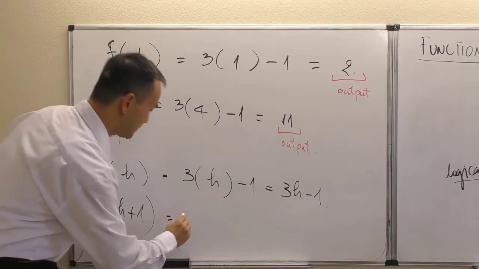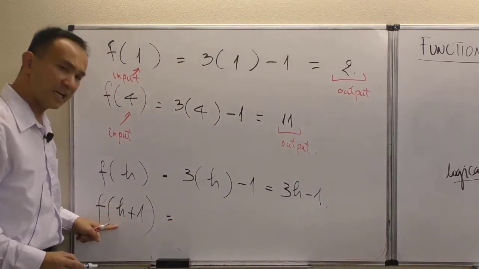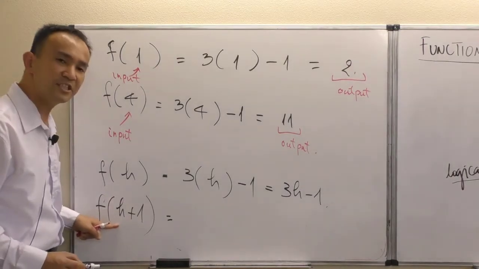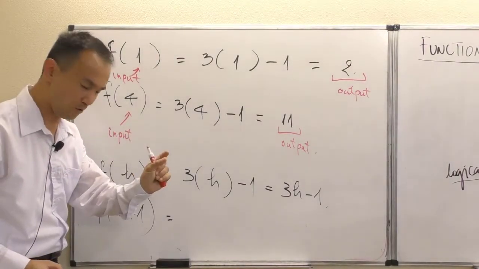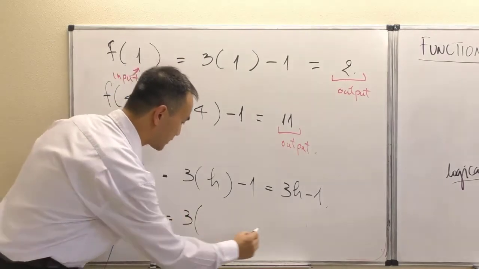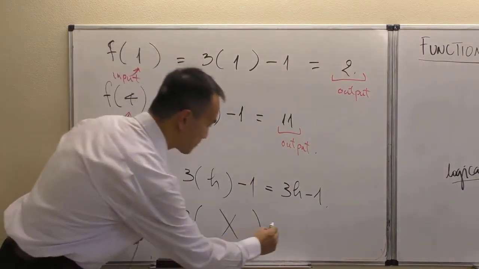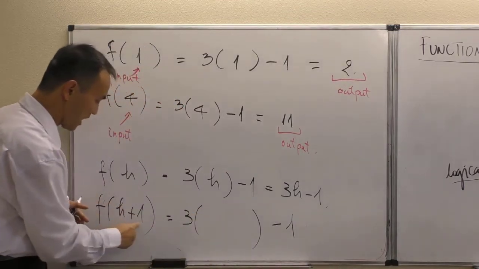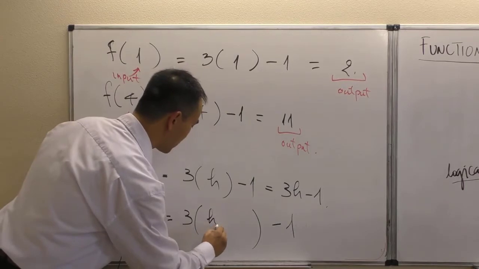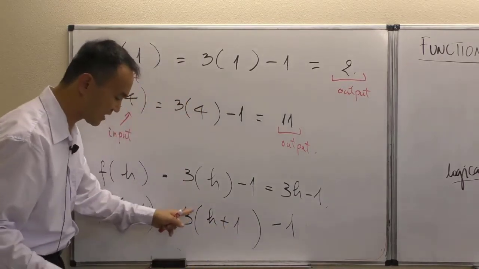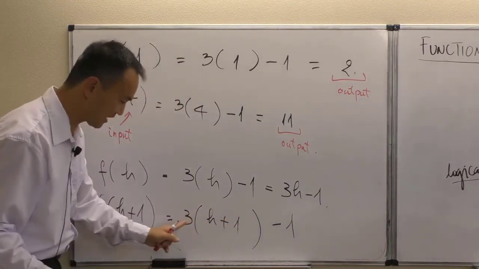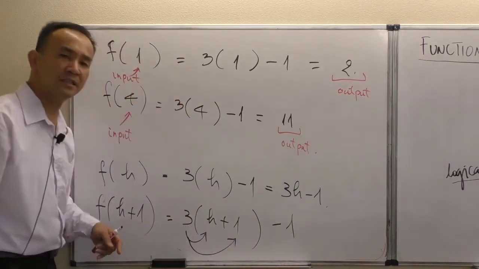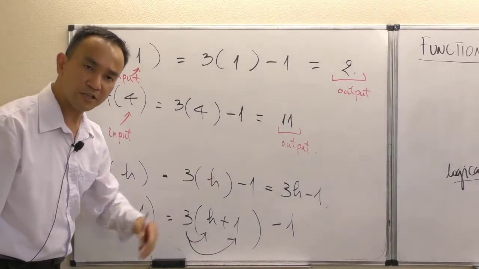This means the entire h plus 1 is substituting for the x input variable. The rule says 3 times x minus 1, but now no longer x. We substituted x with h plus 1, so 3 times h plus 1, and that's why I put all that in parentheses, and now we're ready to multiply in. Distributive law, see, all of these are things that you need to know prior to entering this lesson.